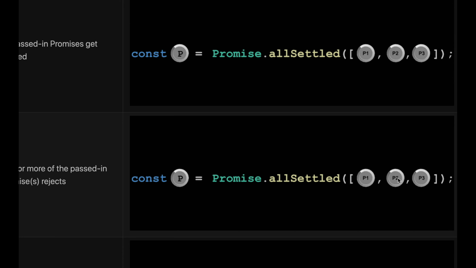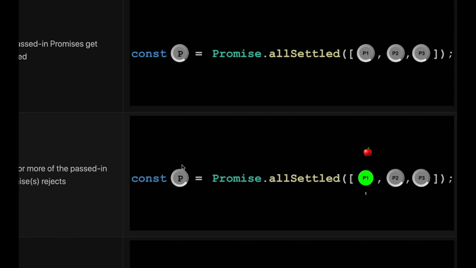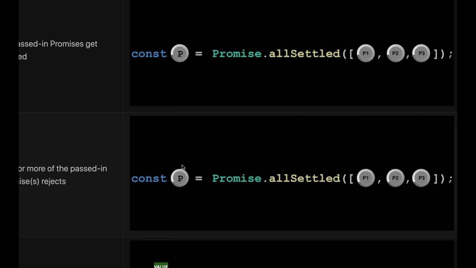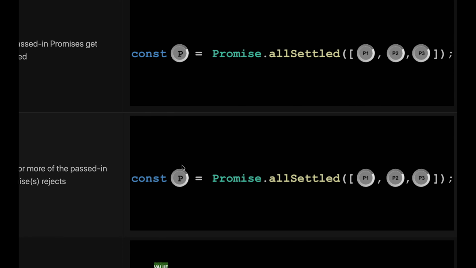As I have already mentioned, every time a rejection happens, there is always a reason, which means the outcome has the status, which says if it's fulfilled or rejected, and the value if the promise fulfills, or the reason if the promise has been rejected.